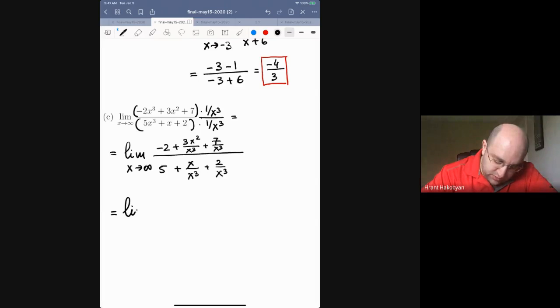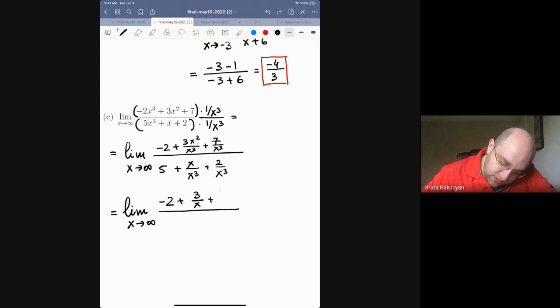Now all the terms here go to 0, except the negative 2 and the 5, right? Actually, let me write it in a little more detail. So it's going to be minus 2 plus, well, 3x squared over x to the third gives you 3 divided by x, right?